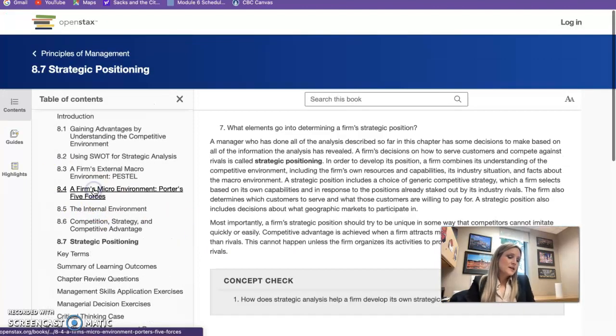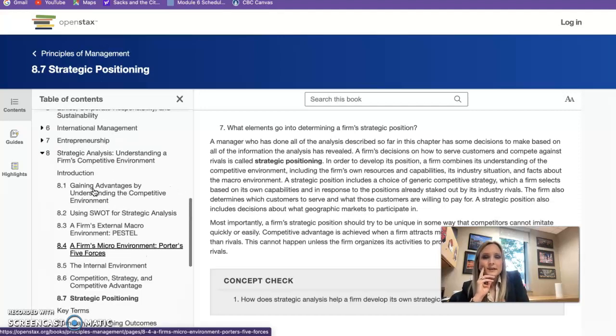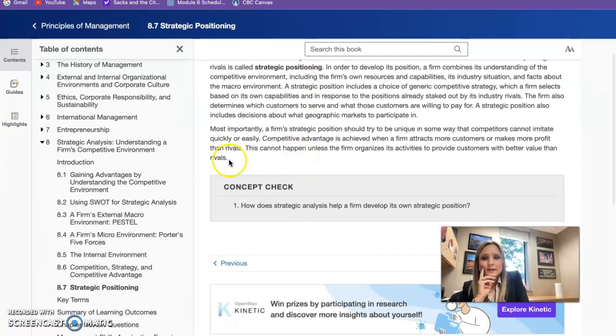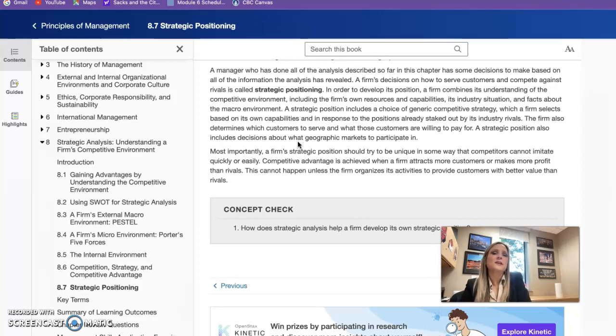The last thing I'm going to hit on for chapter 8 is strategic positioning. Strategic positioning is how a firm's decisions serve customers and compete against its rivals. A firm's strategic position should try to be unique in some way that competitors cannot imitate quickly or easily.